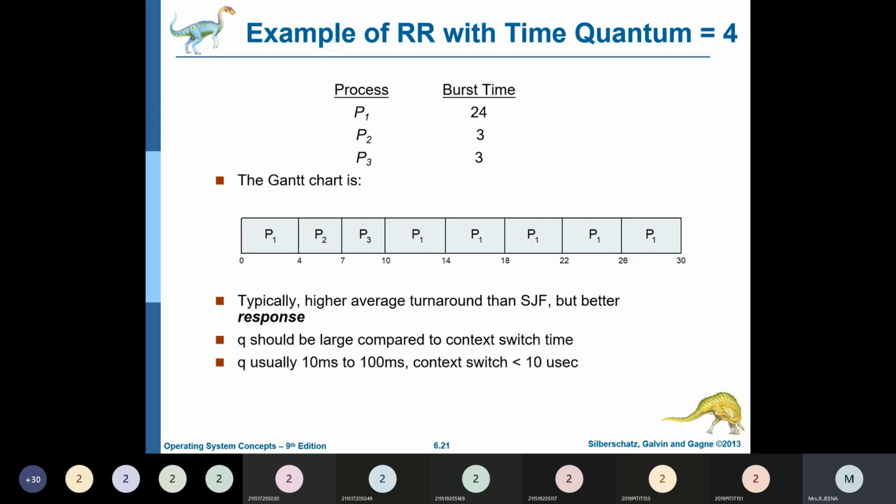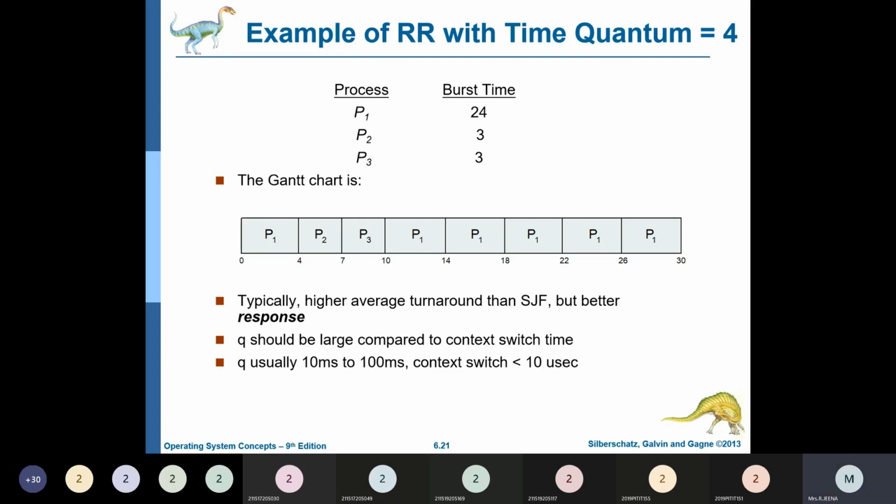If there were more processes like P4, P5, P6, the Gantt chart would be different. But here, the ready queue has only P1, so P1 comes continuously with the time allotted. Typically, round robin has a higher average turnaround than shortest job scheduling, but better response.